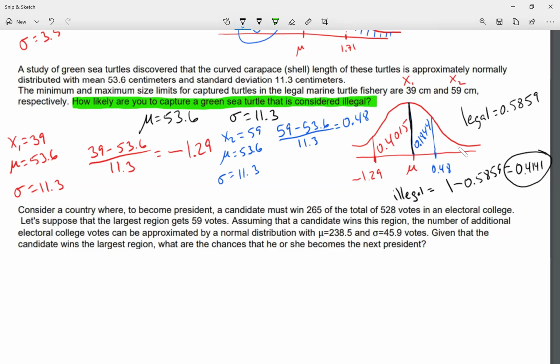Let's say I have a problem where there's too many fishes in the sea and I need to get rid of some of them, but I don't want fishermen to capture them all. So I know the average of the fishes is 53.6. I know the standard deviation is 11.3. I want the fishermen to catch a lot of fishes because I have too many, so I want them to minimize the population, but I don't want them to be able to get them all. So I want to keep at least 3% of my fishes, so one fisherman is able to catch 97% of the fishes. What's the biggest size that I can choose?